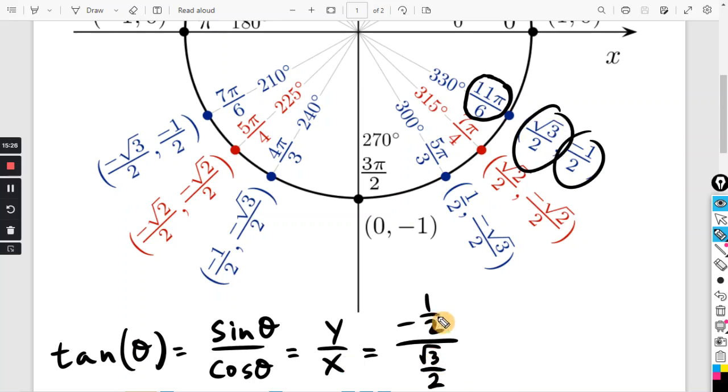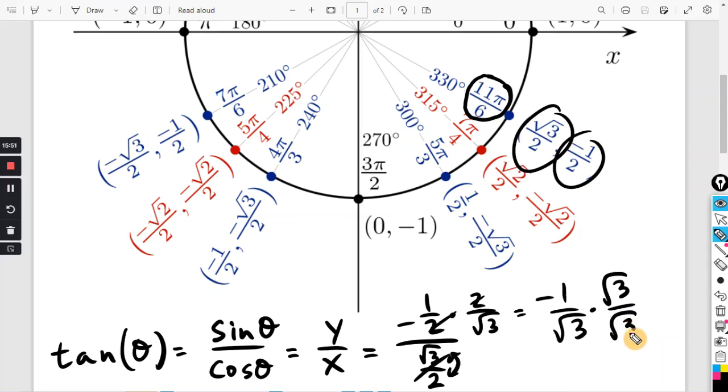Keep this, change division to multiplication, and flip the denominator. So that's going to be 2 over radical 3. And now it's multiplied. The 2's cancel, and we have -1 over radical 3. They probably won't have this answer, so getting rid of the radical in the denominator, we multiply by the denominator over itself.